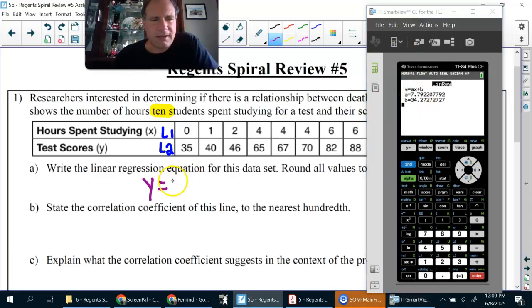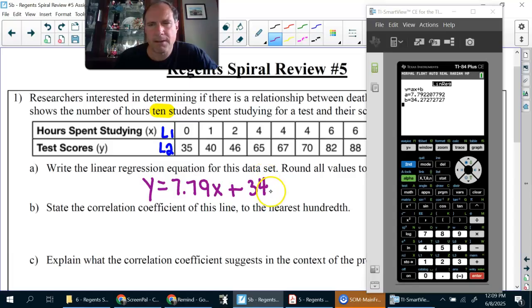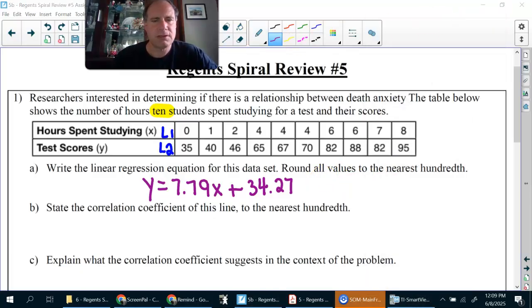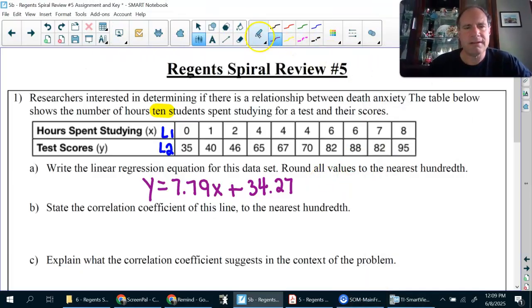Y equals 7.79. We're going to keep that 9 because the next number is 2. Then you put the x. You have to put that x because remember, this is y equals mx plus b. And it is plus 34.27, and that is the linear regression equation rounded to the nearest hundredth.